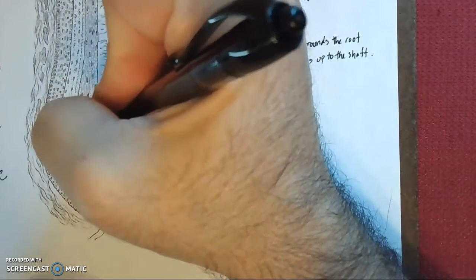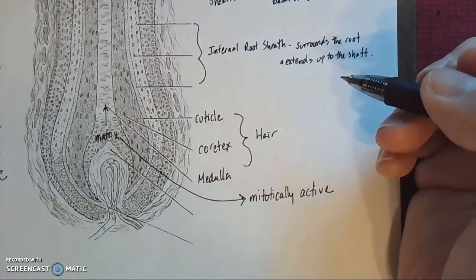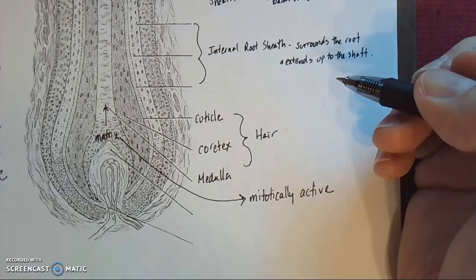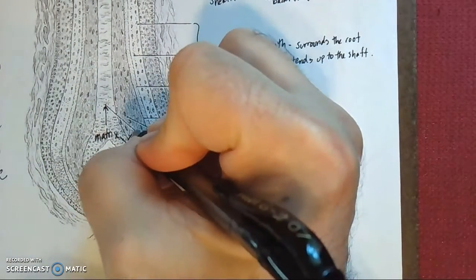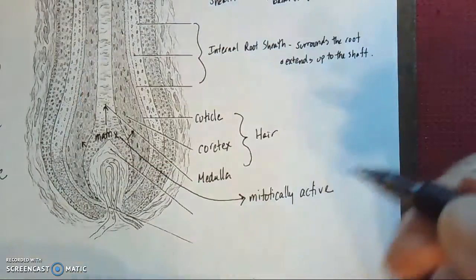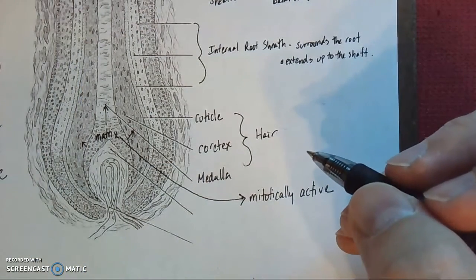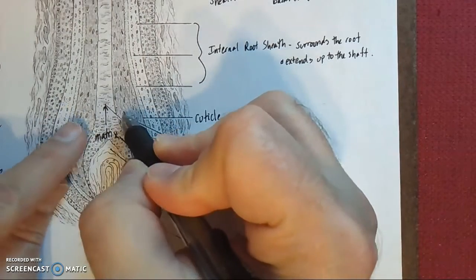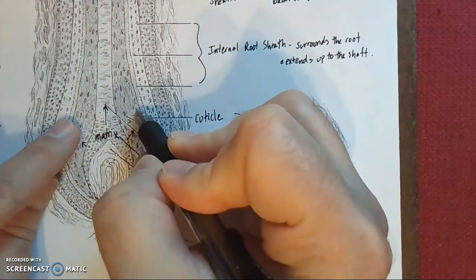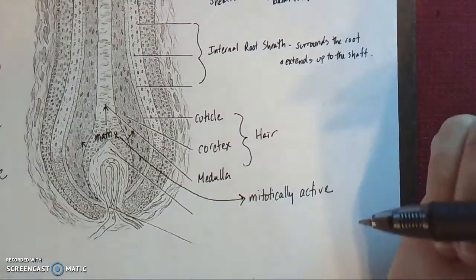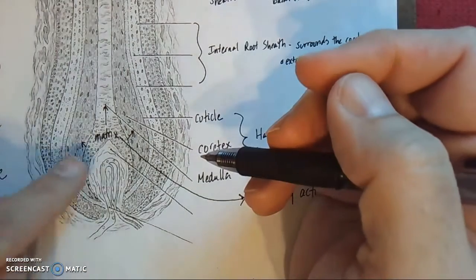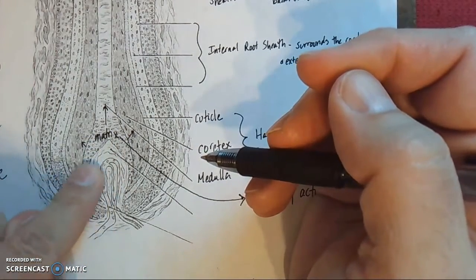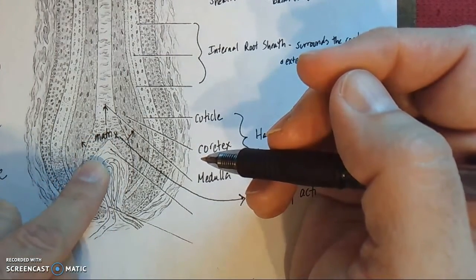So the hair grows upward and outward. So we add to the cortex, and these cells push outward, and as they go outward and upward, the cells start to die. So this area down here is living tissue for the hair.